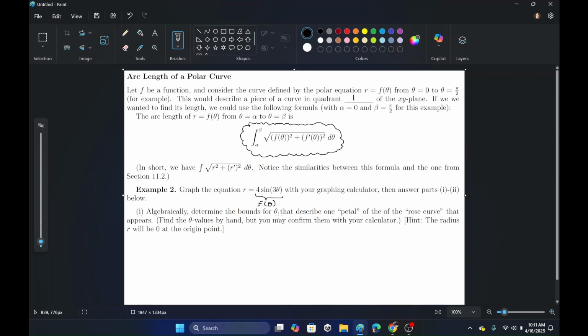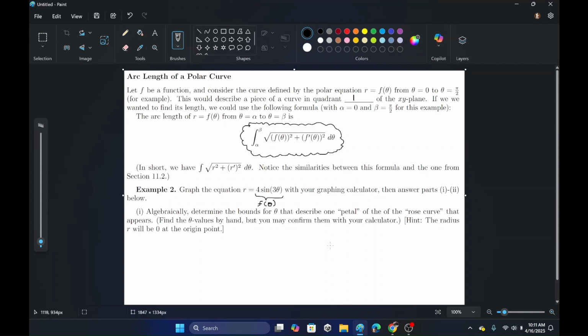Algebraically determine the bounds for theta that describe one petal of the rose curve that appears. So if you did actually put this in your calculator, you should see a rose-looking curve, like a flower-like curve. And let's see if we can find the theta bounds for just one petal of that flower. You can find them by hand, but then confirm them with your graphing calculator.